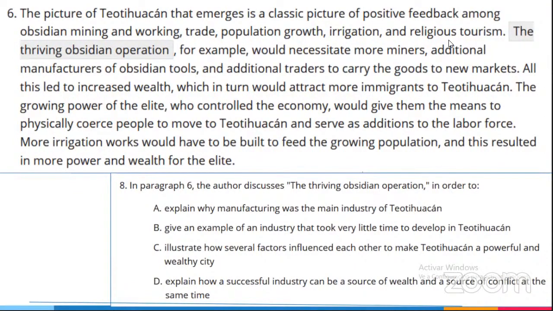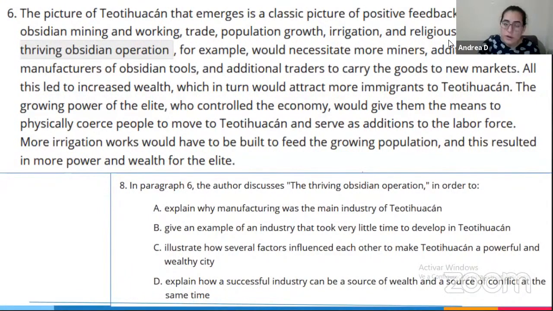Teacher, I think that is D. D. Okay, good. And why D? Because in the paragraph it explained that the main resource is obsidian, but it caused problems with other immigrants and caused, like, thieves, I think. Okay, all right. So yeah, I kind of know what you mean. So yes, they're talking about the main source of wealth. And they're also talking about how they, I think, coerce people to move to basically a slavery, right? So yeah, okay, I know what you mean.